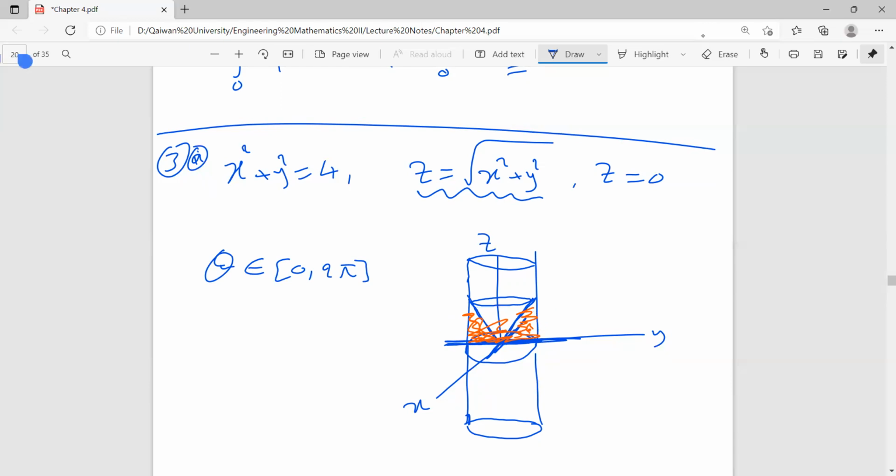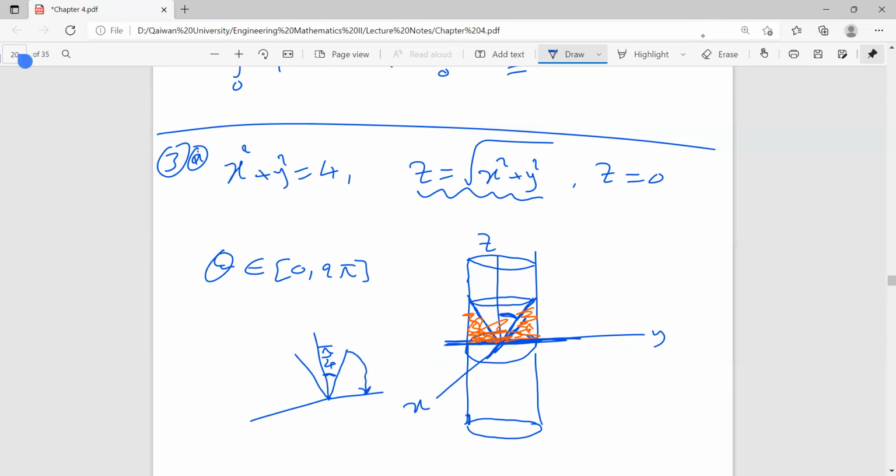as you see, this angle is 45. Let me draw it again here. Here we have this cone. Since the cone is z equals the square root of x squared plus y squared, it's a right cone, so this angle is pi over 4. And the solid starts after this line, up to here.